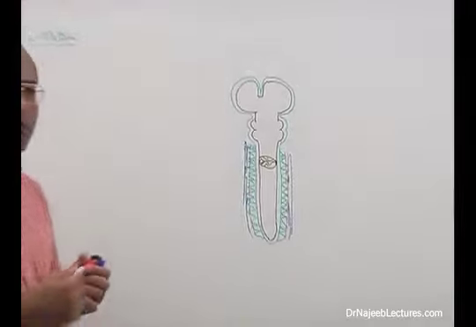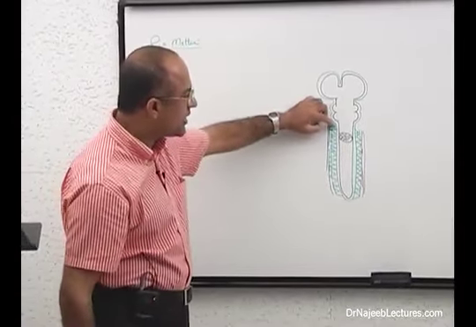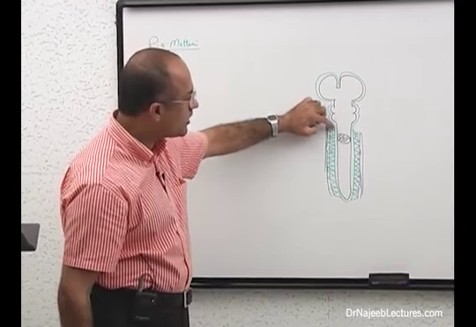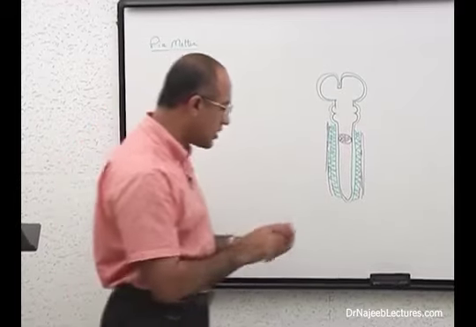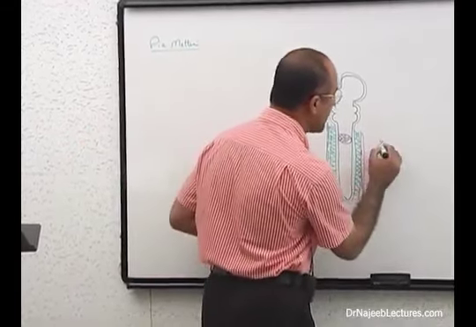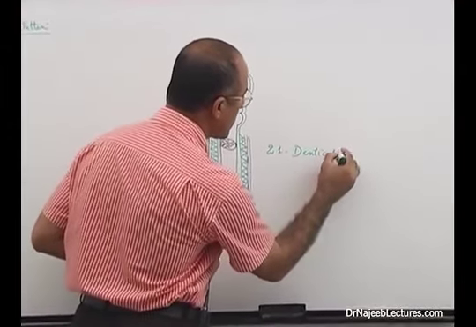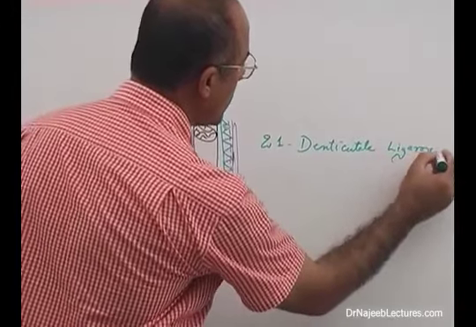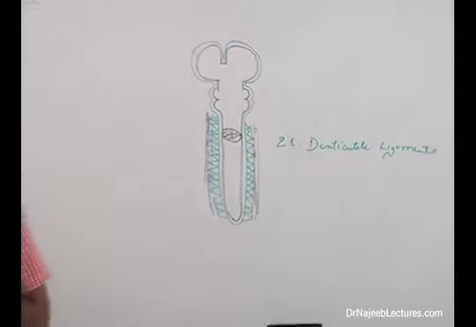So we can say the special feature of pia mater is that it has denticulate projections, right? Denticulate projection means teeth-like processes. On each side, there are 21 denticulate ligaments. So this was some speciality of pia mater.